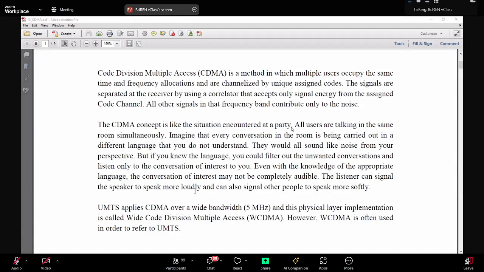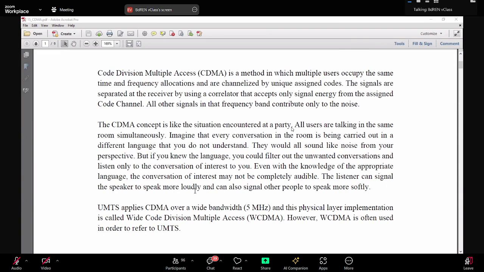You can separate. In the same way CDMA works: everybody uses separate codes. Their signal is coded differently, and the codes from others make things not decodable.